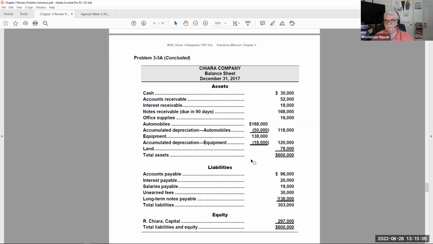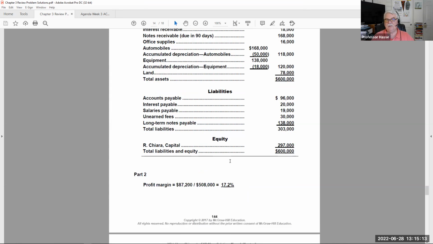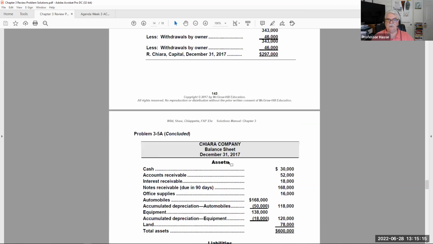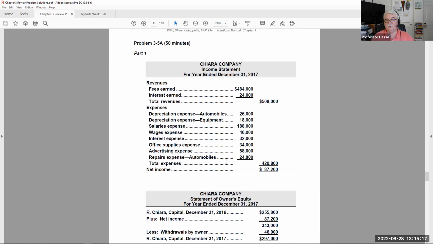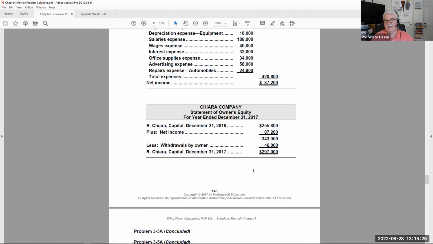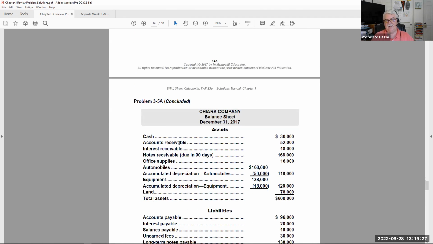Pretty cool. Now, what we do in our next video on chapter 4 is to close these accounts. Why do we close the accounts? Because we want to determine in the next year what's going to be our revenues and expenses in the next year. So we have to zero all these out to close the books. The balance sheet accounts are not closed. They are ongoing.